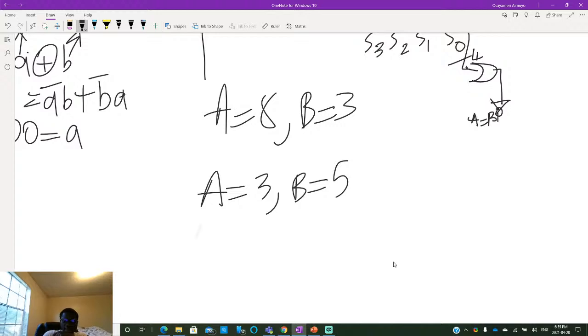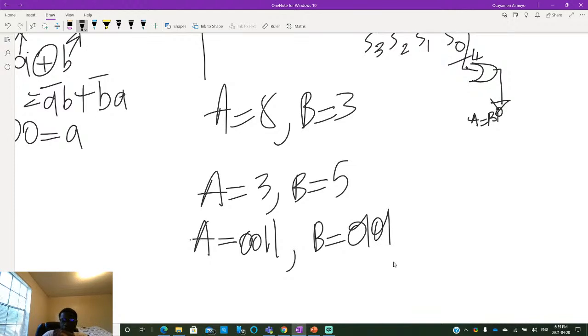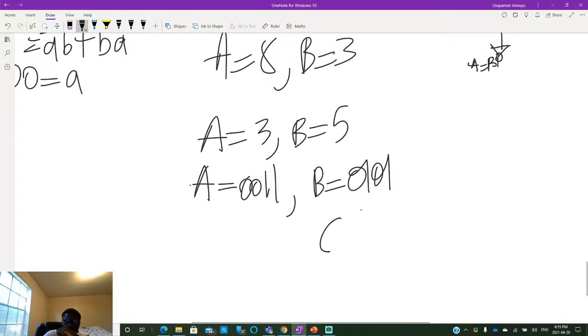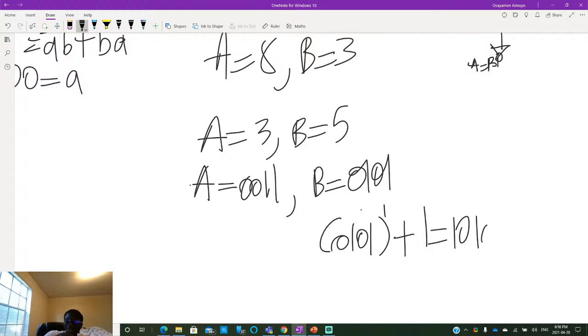We convert this to binary: 0101 for B. If we perform the two's complement on this, we flip the bits, 1010, and then plus 1.